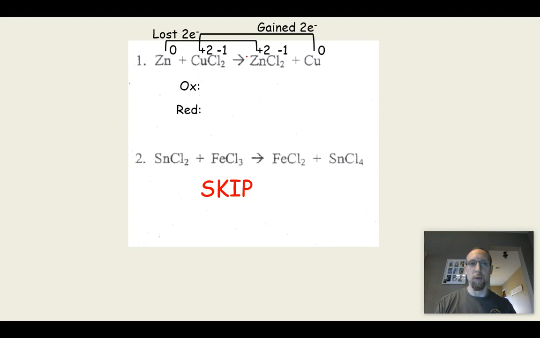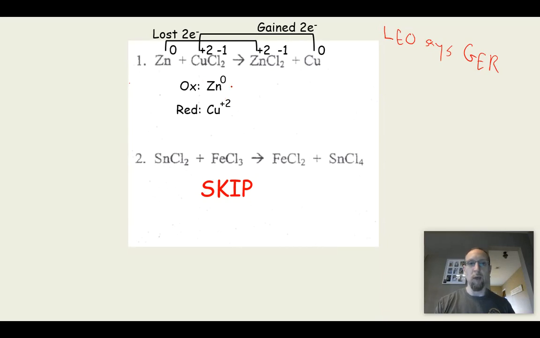Went from +2 to 0. So now we use good old LEO says GER again here to help us figure out who's oxidized and who's reduced. So zinc 0 lost, so that means it was oxidized, and copper +2 is reduced. So nothing new. That's everything we've done before today.